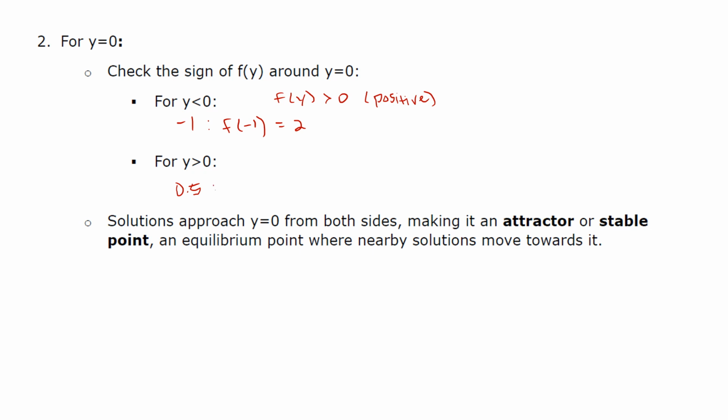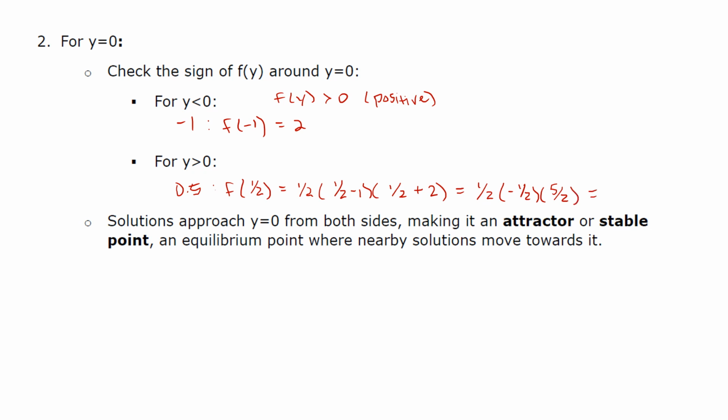Okay, so f of a half will equal a half times (a half minus 1) times (a half plus 2). So we'll have a half times negative a half times 2.5, which is 5 halves.